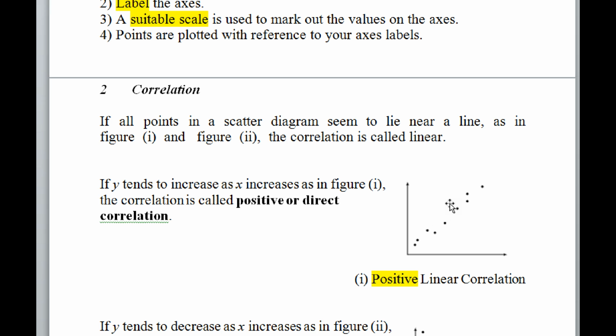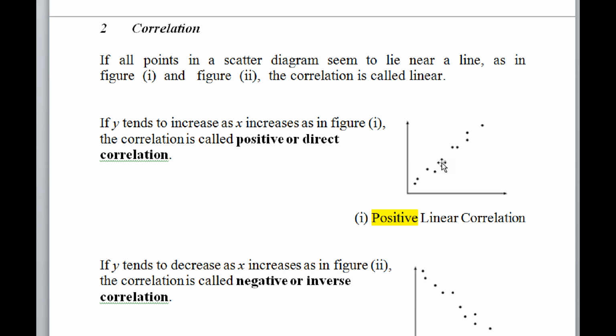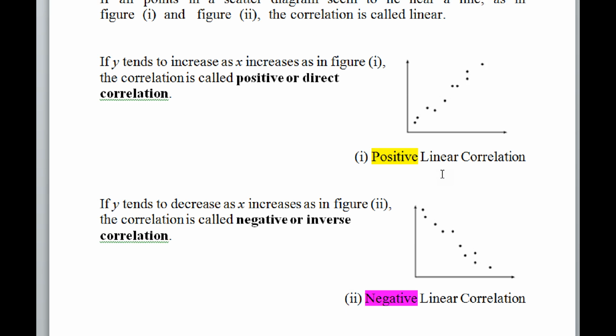If Y decreases as X increases, something like that, that's what we call an inverse or negative correlation. Negative correlation, downward trend like that. Maybe this is height, this is intelligence. Something like that.